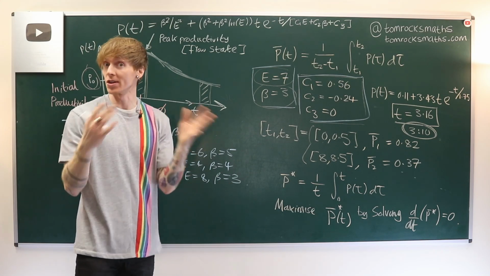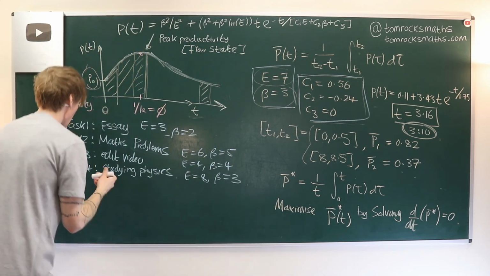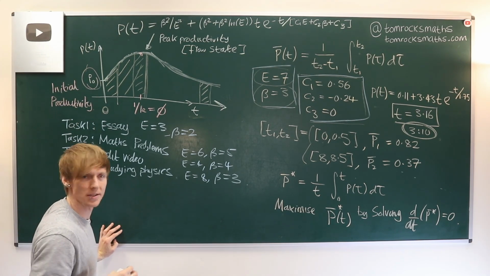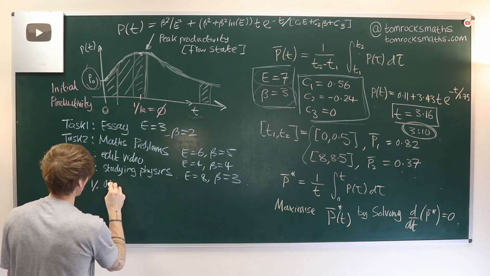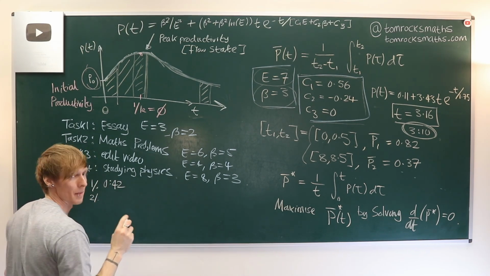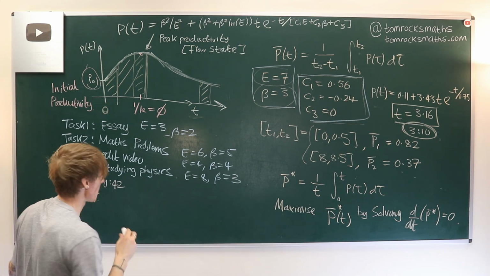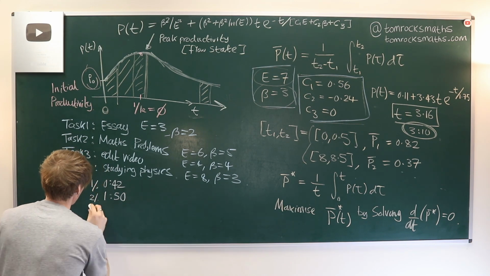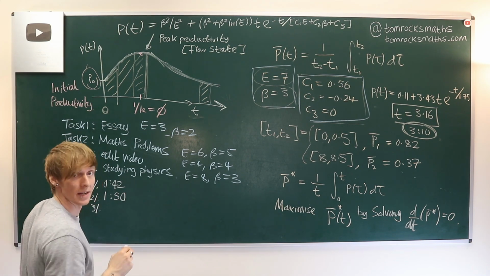So, crunching the numbers, we get task 1, essay. We are supposed to spend 42 minutes. Task 2, the maths. We are supposed to spend 1 hour and 50 minutes. Task 3, video editing.